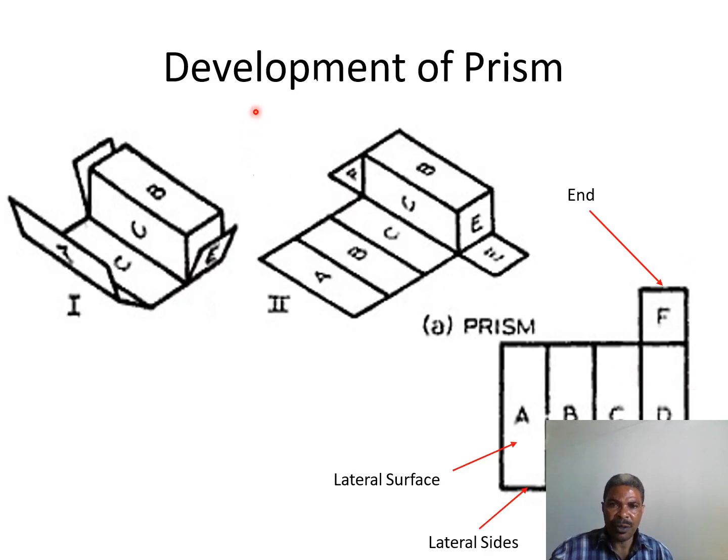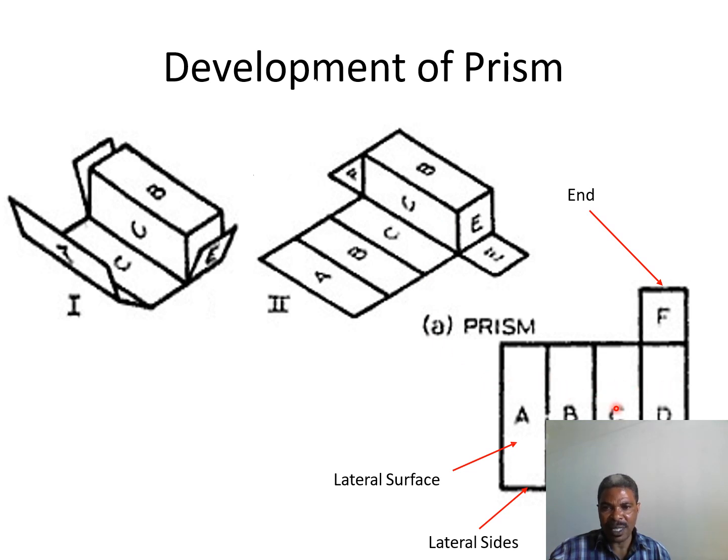So have a look at the development of a prism. As we have said, take the example of a plain paper that has been wrapped around the surfaces; then unfolding it, you come to have the sides A, B, C, D, E, and F. After you have unfolded, that plain paper will look like this one.